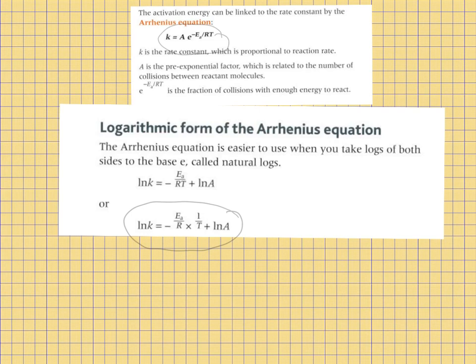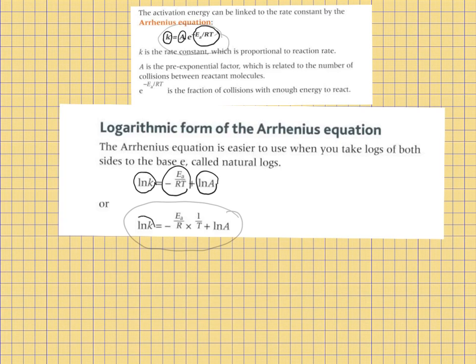So we're going to take logs of both sides. If we take the log of k, that now becomes the natural log of k. If we take the natural log of A, the pre-exponential constant, and if we now take the log of this here, we can bring it down, and it becomes minus EA over RT.